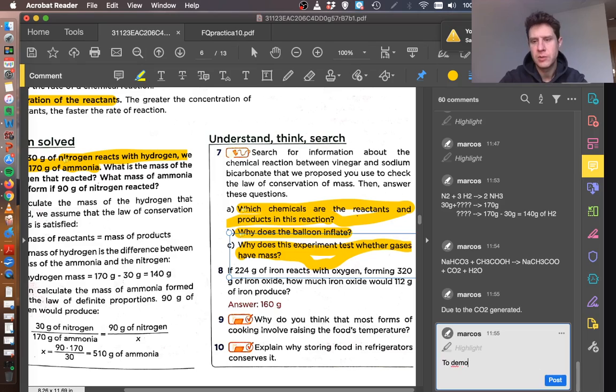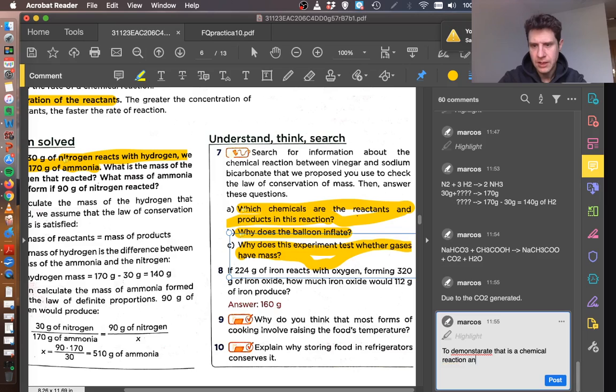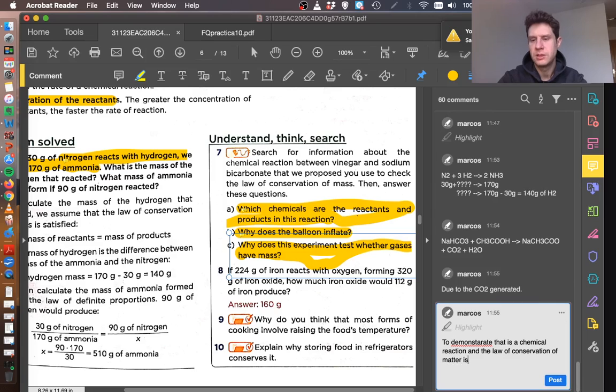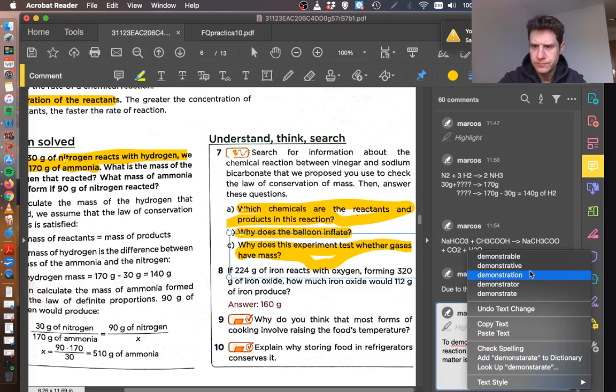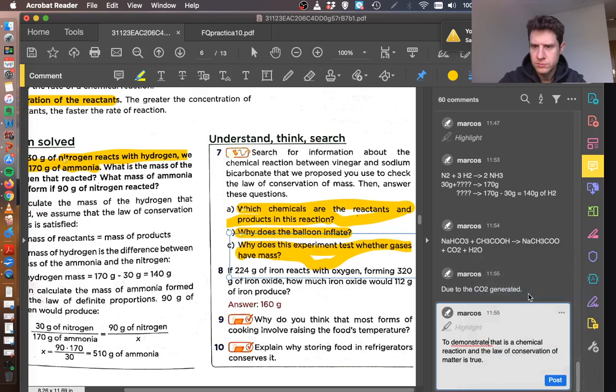To demonstrate that it is a chemical reaction and the law of conservation of matter is true. That's it. Demonstrate, yes, good.